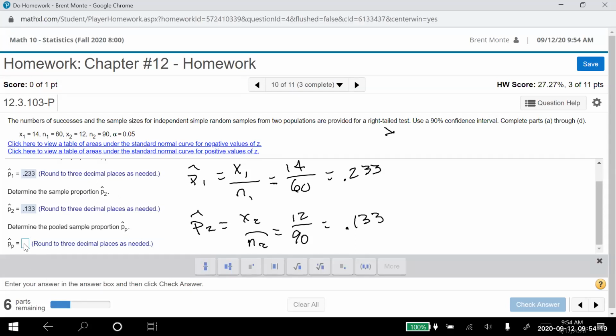Now, the pooled sample proportion, we haven't seen this, but I figured I'd show you that here. So when I do p hat pooled, that just means add up the x's and add up the n's. So in this case, it's 14 plus 12. It's the proportion in the whole, in both samples combined.